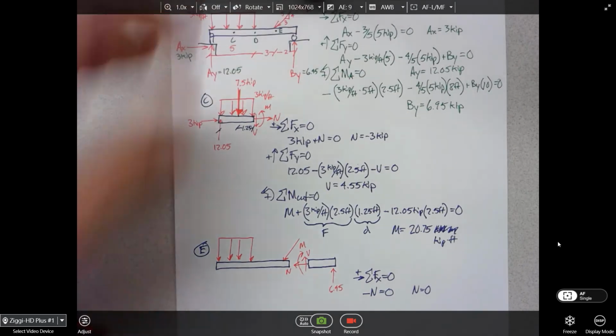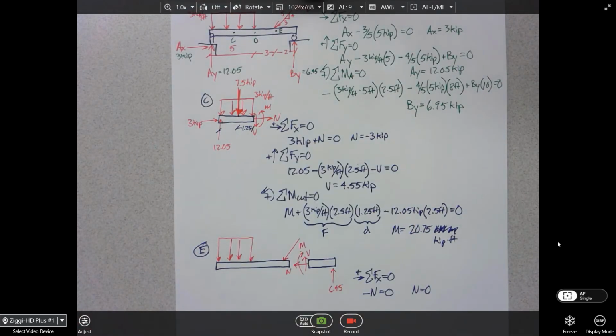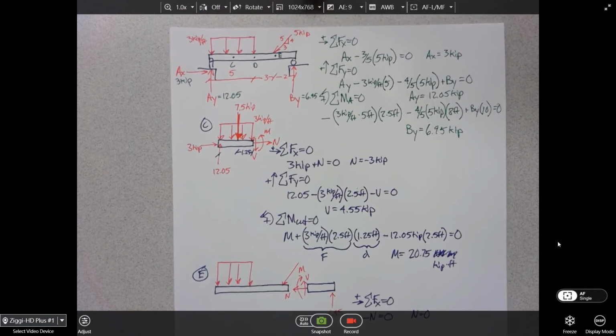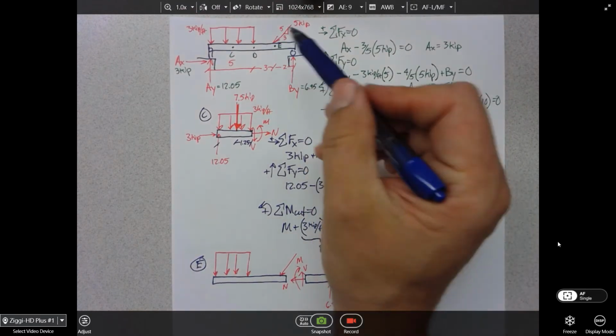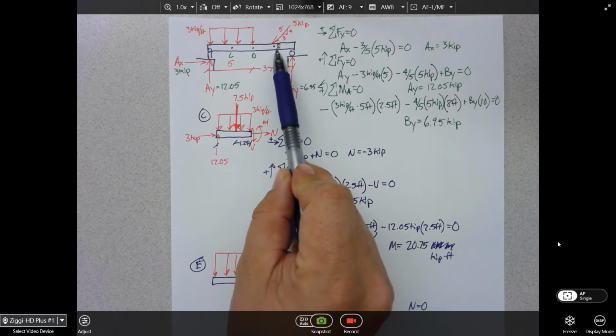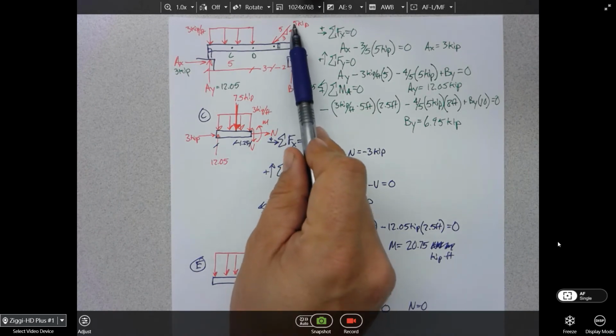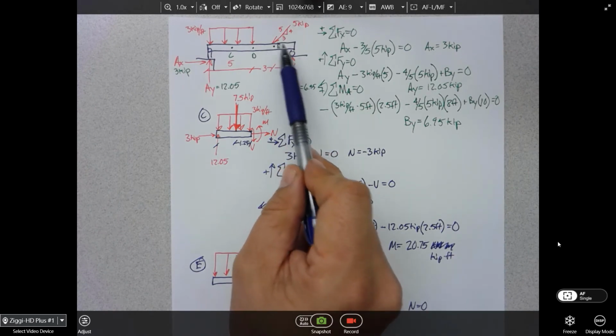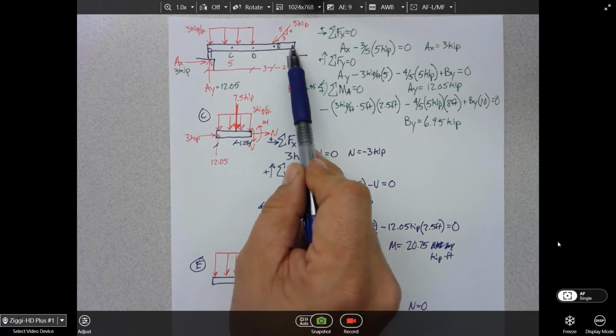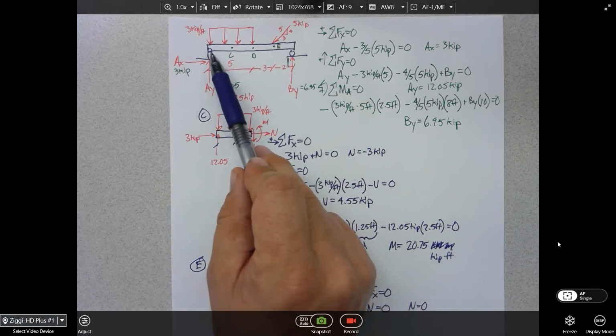Why in the world do I get a 0 normal force to the right of E? Because it's not being affected by that. Yeah, it hasn't been applied yet, that downward sloping force. Okay, well, no, I'm to the right of it. This downward sloping force acts at E, but this part that's to the right of that doesn't experience any normal load. Because Ax is holding it.